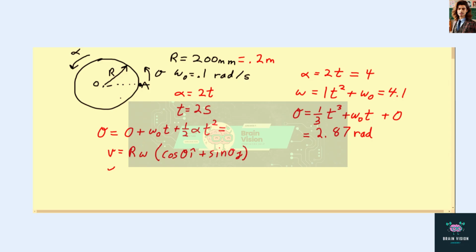And we do the same thing for the angular acceleration, for the linear acceleration. Let me rewrite that here quick. Except we'll have the radius times the angular acceleration, and then times the cosine of theta i hat plus the sine of theta j hat.